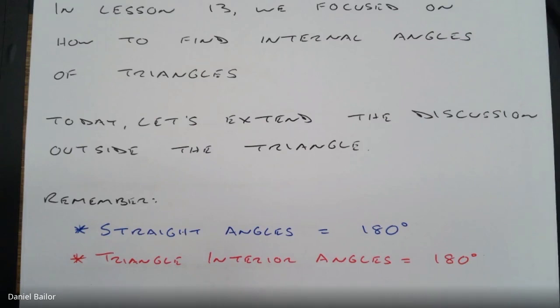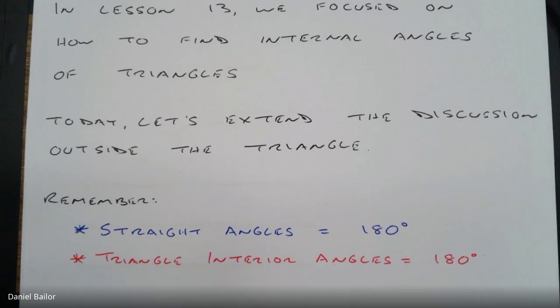Also important to remember today that the interior angles of a triangle add up to 180 degrees. These are two facts, these are two laws, these are two rules we talked about yesterday, and we even proved them yesterday. But I need you to remember these today, so I'm adding them in your notes again because they are super useful to remember.